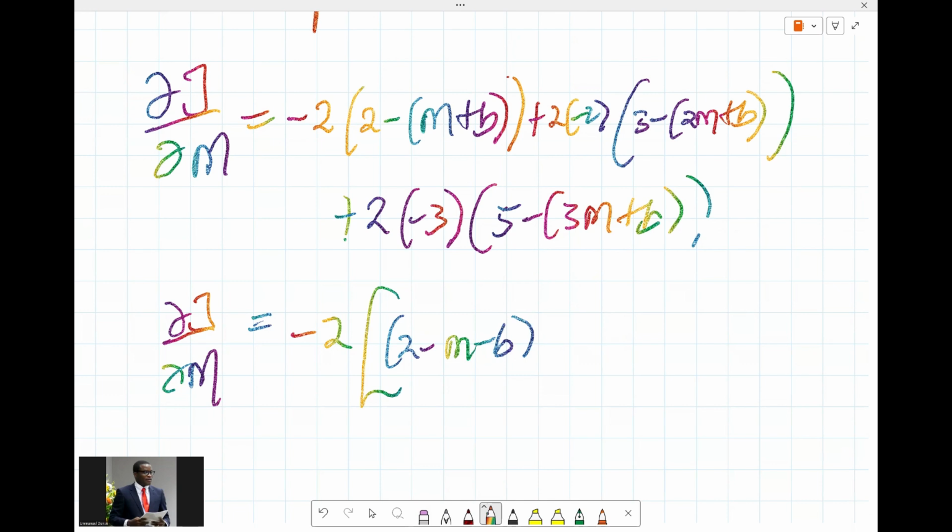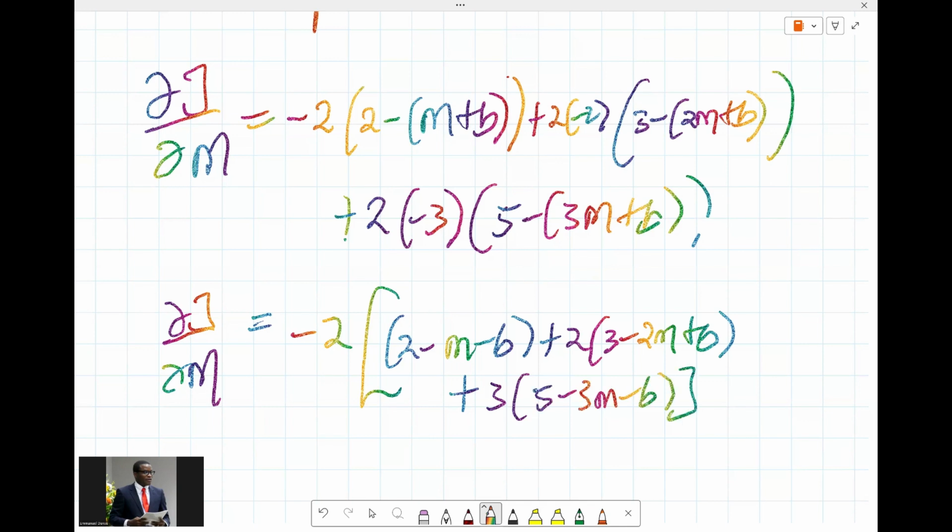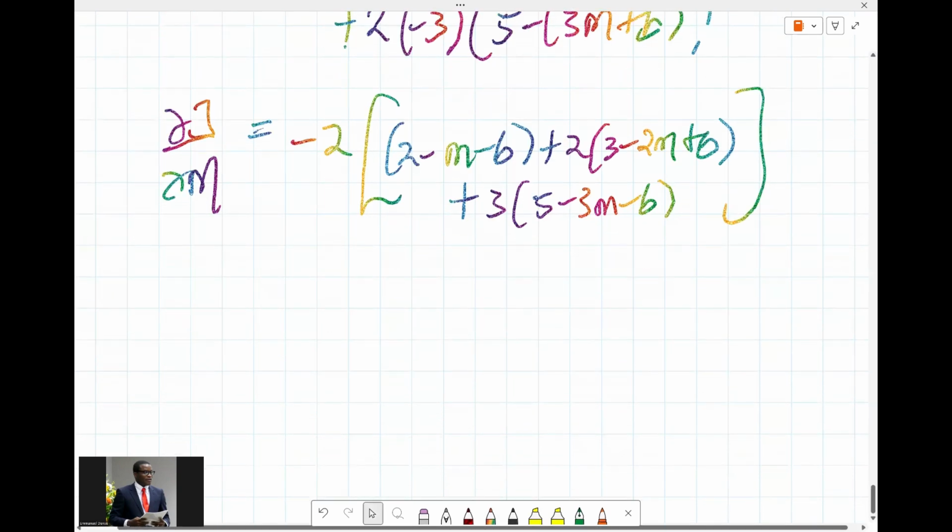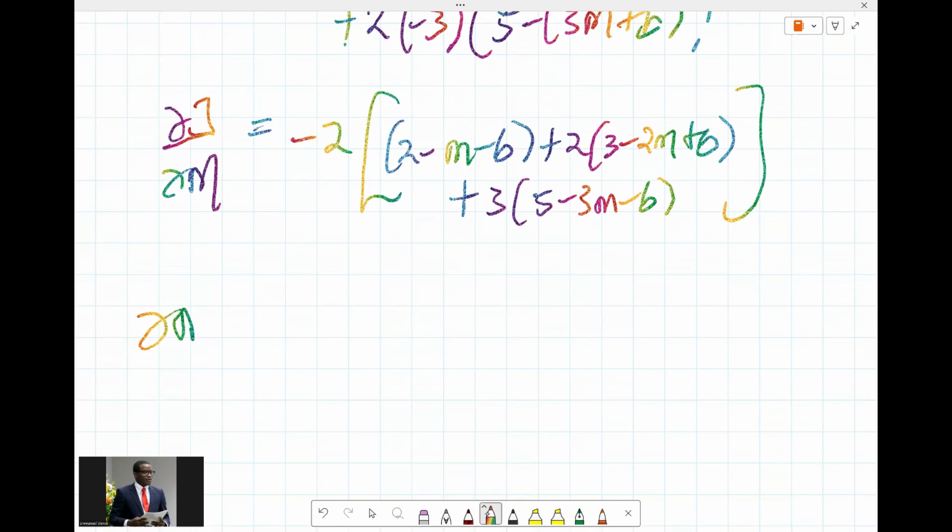That'll be helpful at the next stage. Then minus 2 is out, so we have plus 2 into 3 minus (2m plus b). Then we also have plus 3 into 5 minus 3m minus b. So minus b, like that, all this. So partial J.